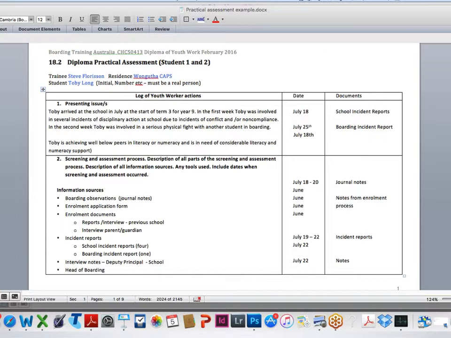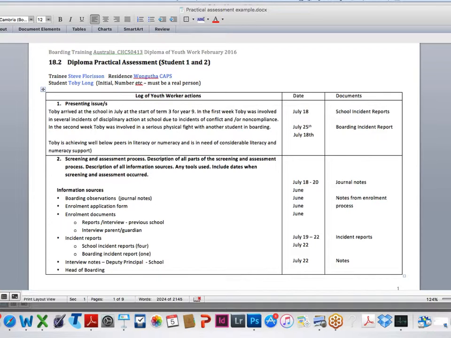And then you can see the second part of this. This is a screening and assessment process. And to do this, we used just general observation, and we would use journal notes, the enrolment application, the enrolment documents, and in the enrolment documents you'd have material from interviews, like with his previous school, with parents, that sort of thing.